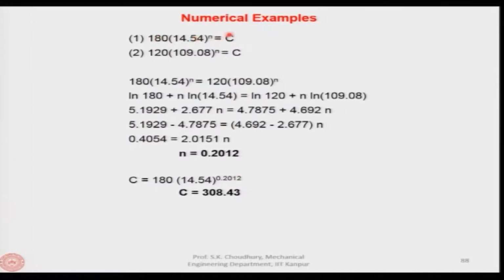Okay. Then with these two equations, two unknown n and c, you can always find out the two unknown values by solving the equation in the way it is shown here. All right. So, these are the simple examples, and you can implement the tool life equation and whatever we have learnt earlier in the form of numerical examples.